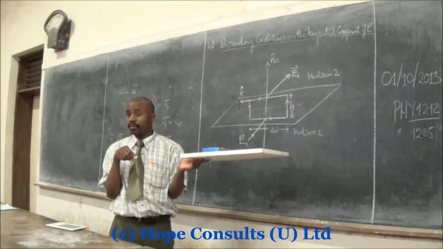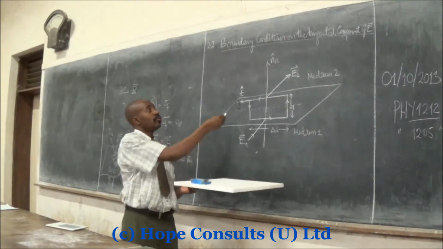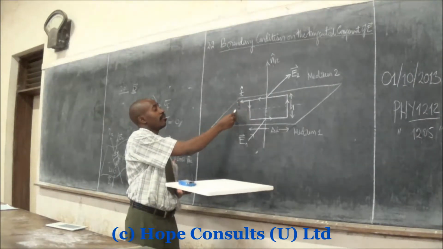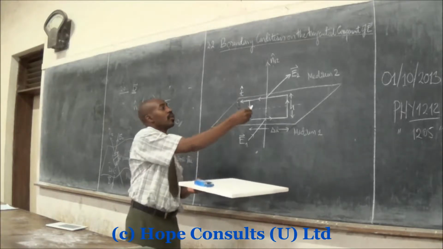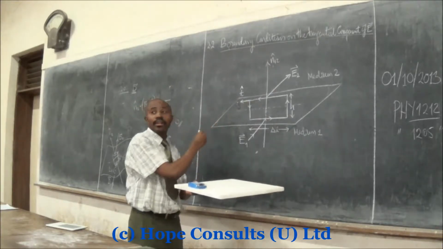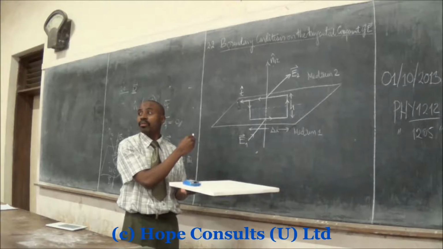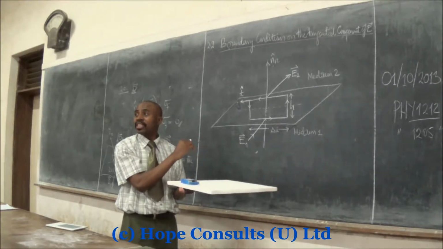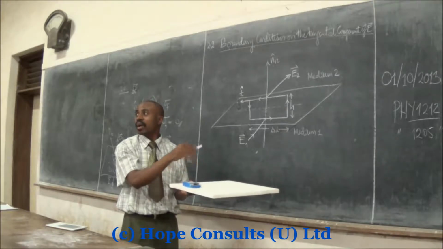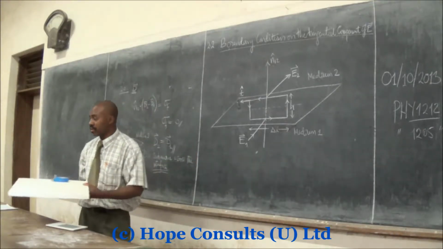You get the idea? I could have drawn this T along here, but then it doesn't make sense. We have to draw it along this part of the stochastic loop, which is also parallel to that. And when we say tangential, it means it is parallel to a given surface.